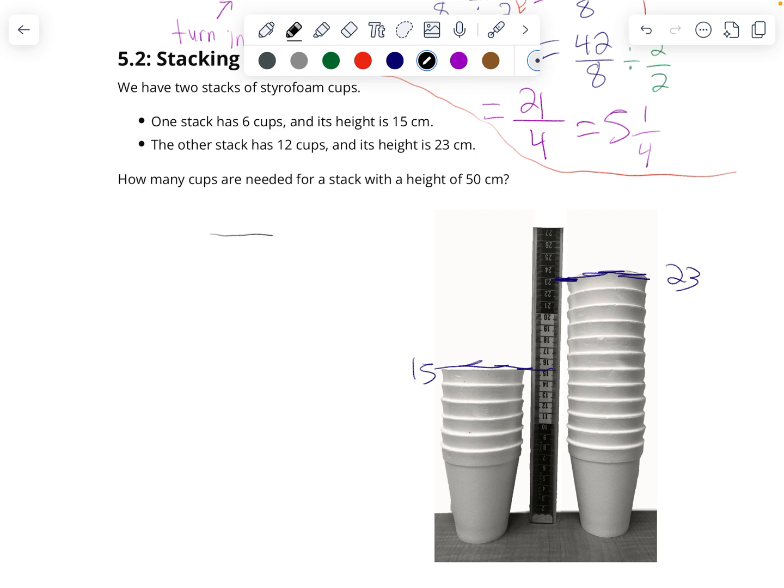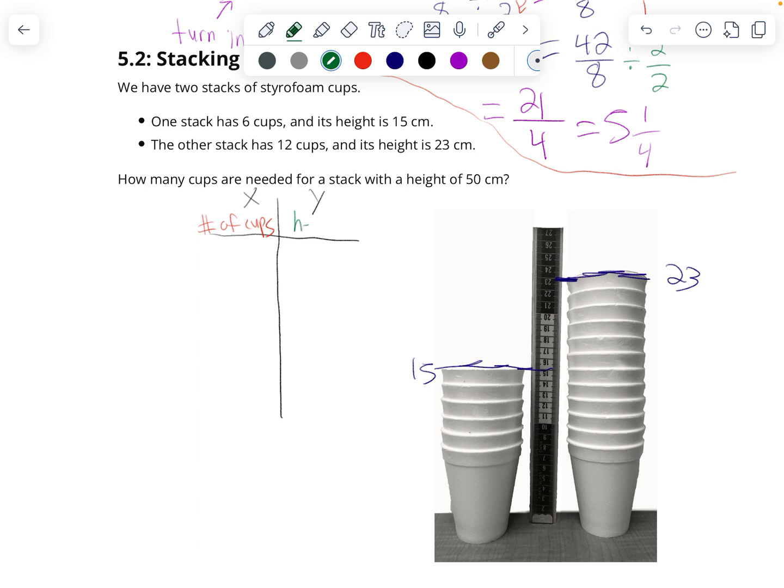So we could do a quick table. So we're going to think about some differences. I talked about rise and run a little bit recently. Number of cups is your input. You can't figure out how high your stack is until you know how many cups you're stacking.